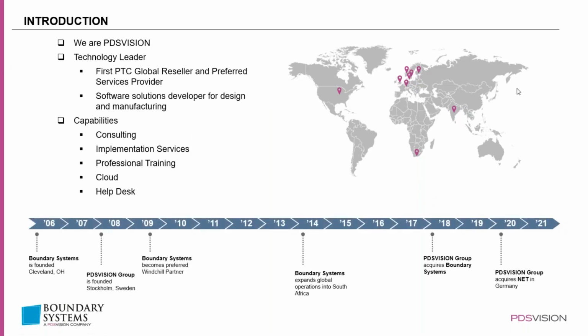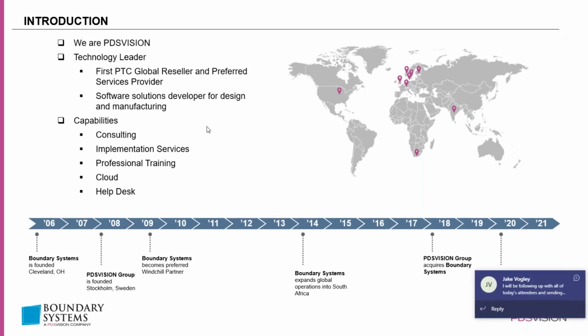A little bit of a timeline. I do like to go through this briefly because we were Boundary Systems until the first of this year, and now we're PDSVISION. So just to go through our history a little bit, we started in 2006. Separately, PDSVISION was founded in Sweden in 2008. In 2014, we expanded to South Africa.